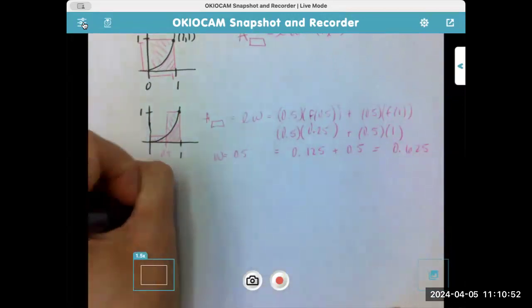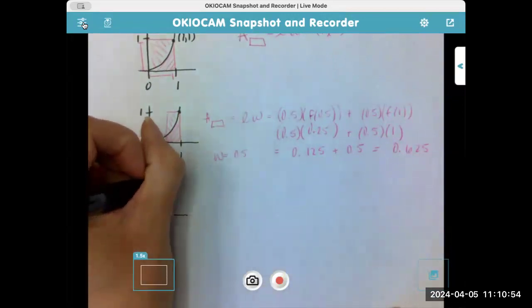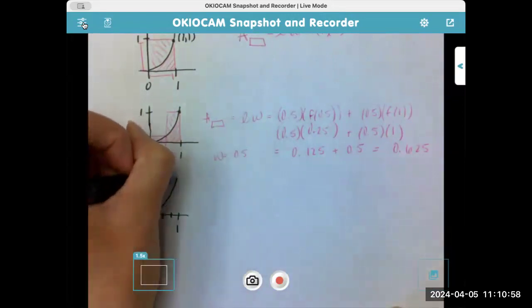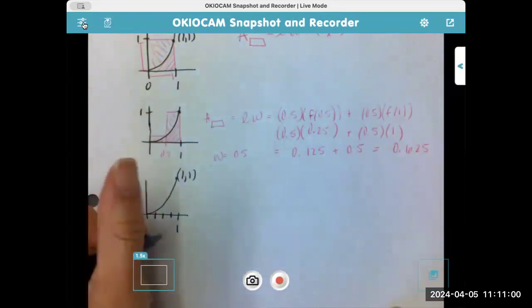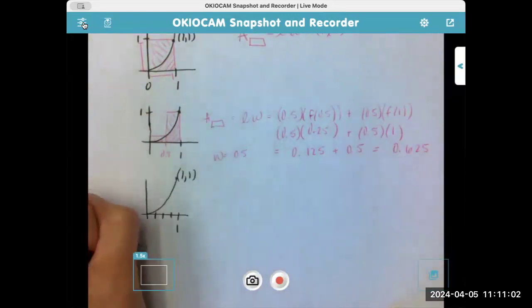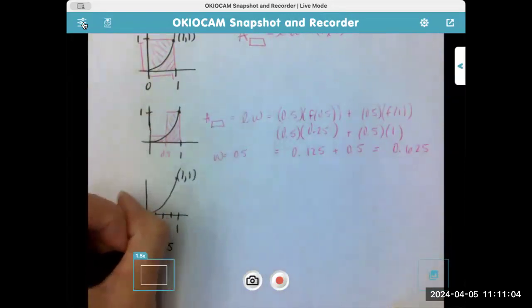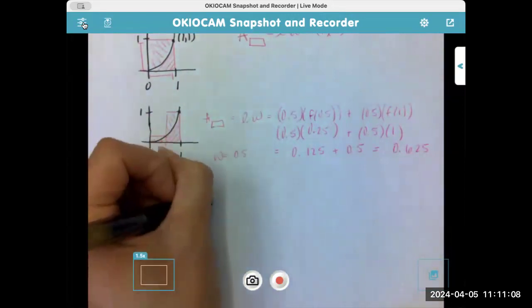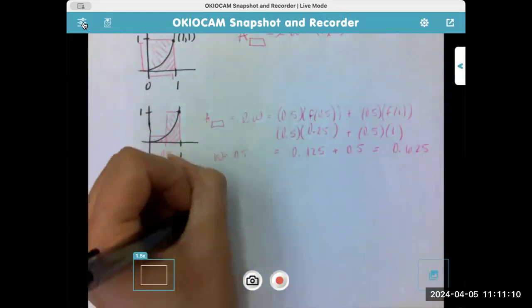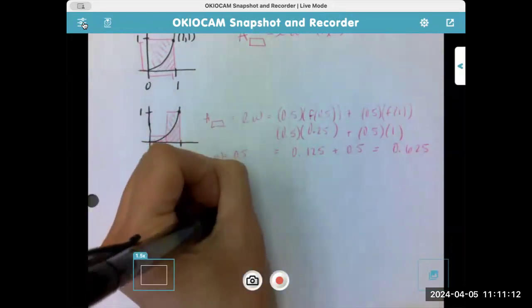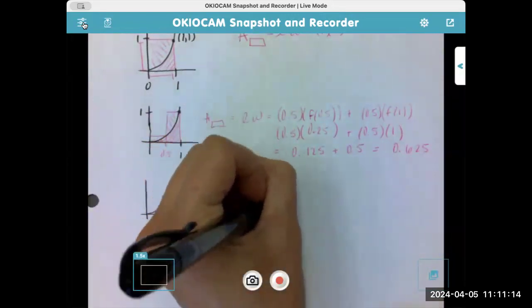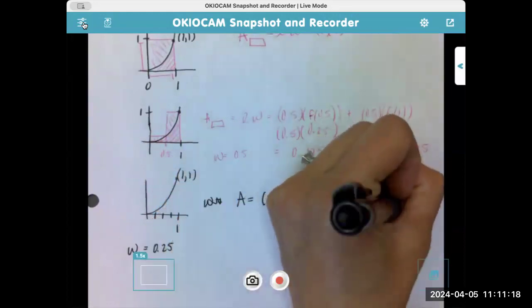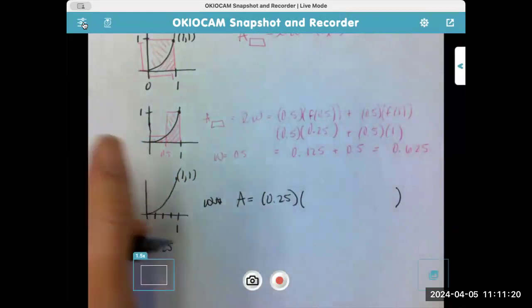So maybe if I do, let's say 4 rectangles. Here's the 0.11. So now the width of all my subintervals is 0.25, right? Because 1 divided by 4. So my widths for everything is 0.25. So I can have that the area is just 0.25 times the sum of all of these subintervals.